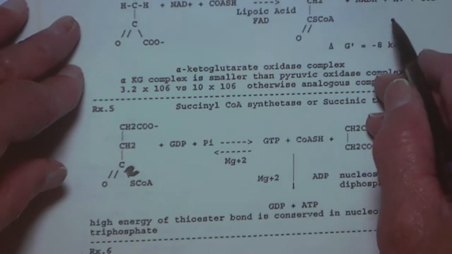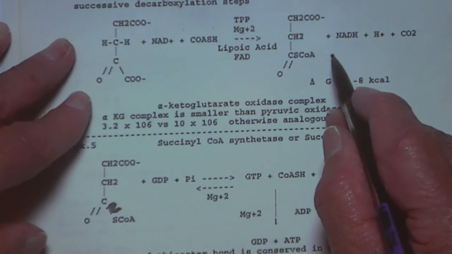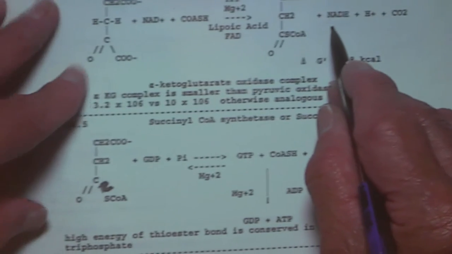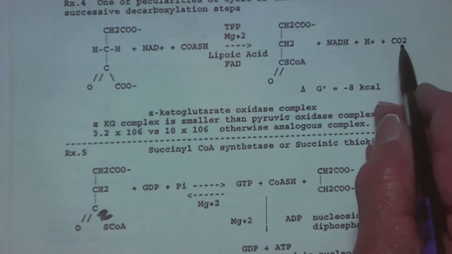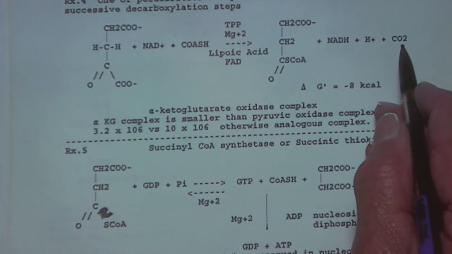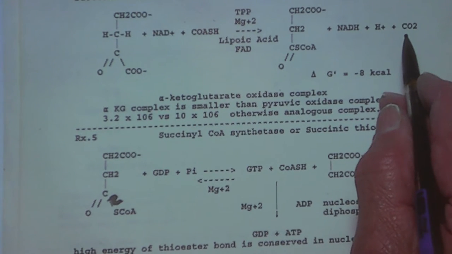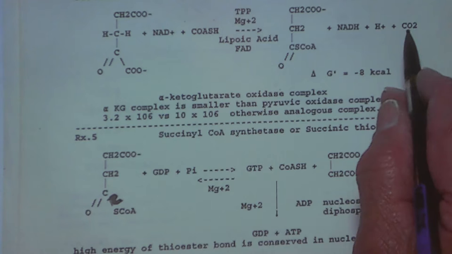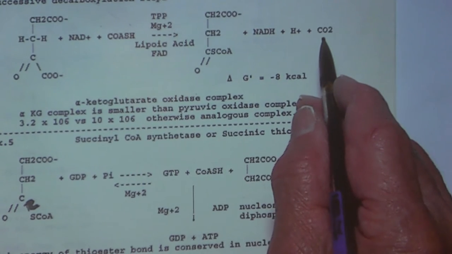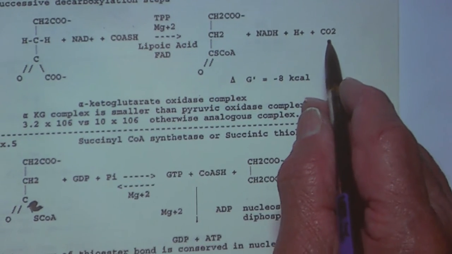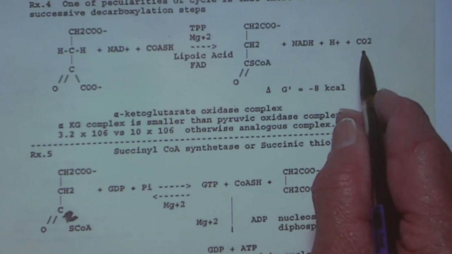In this particular dehydrogenase complex, we make an NADH, that's the second NADH. Now we have made another CO2. So remember, it takes times 2. So that 2 CO2 added to the previous CO2 is now 4 CO2. We started with 6.